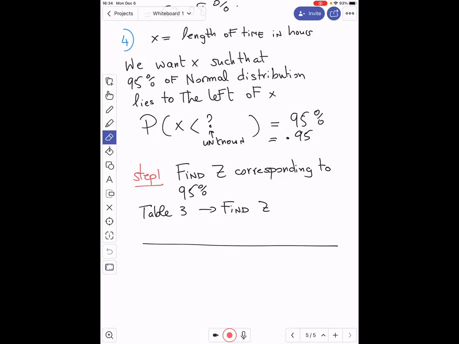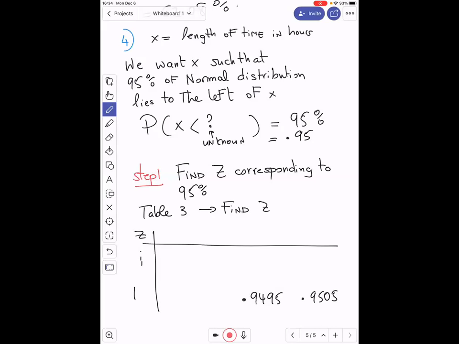Yeah, here you have 0.9495, and then you have 0.9505. This is Z, of course.